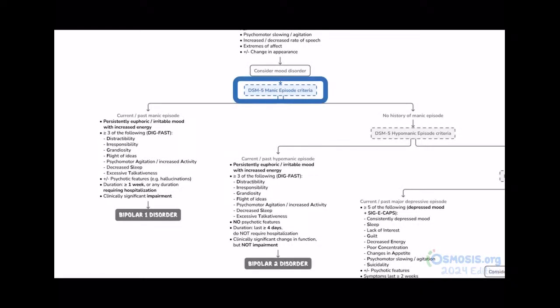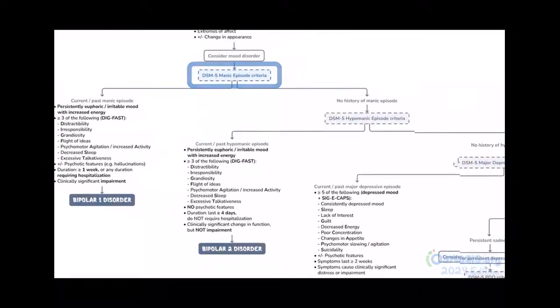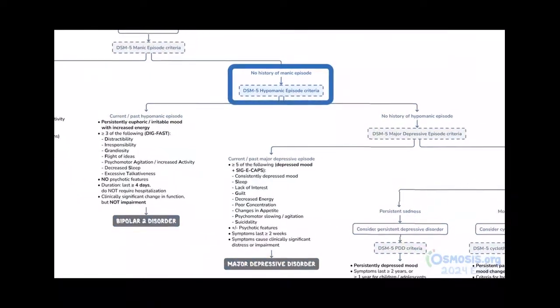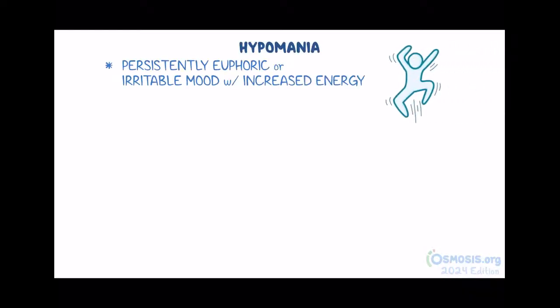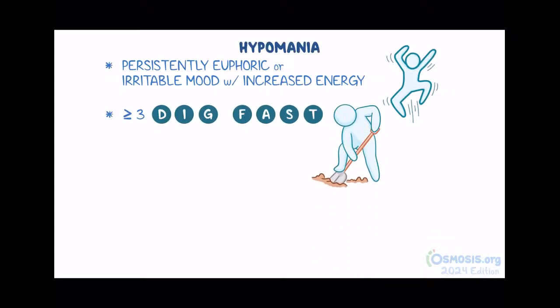On the other hand, if there is no history of a manic episode, assess for a current or past hypomanic episode using the DSM-5 criteria. Like mania, hypomania is characterized by a persistently euphoric or irritable mood with increased energy and the presence of 3 or more DIG-FAST symptoms.